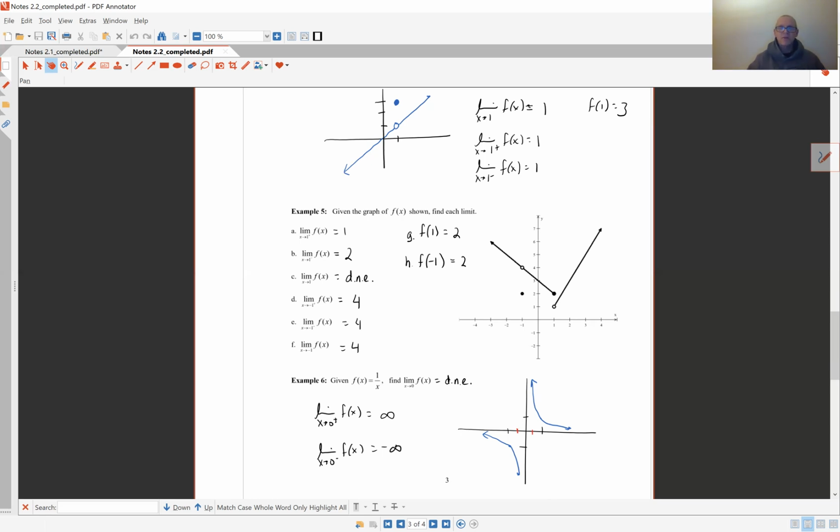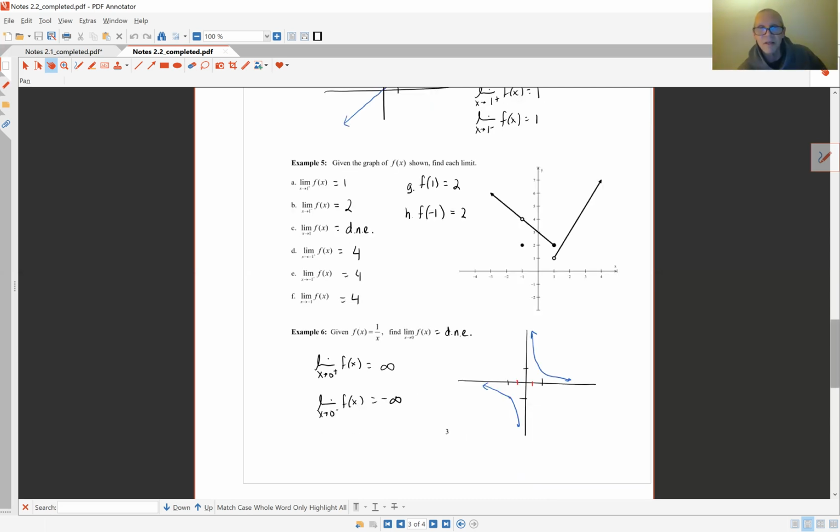And if you approach x from the left, values of x a little bit less than 1, like 0.99 or 0.99999, we see that f of x approaches 2. So the limit as x goes to 1 does not exist, because we get different values as we approach from the left and from the right. For the limit to exist, the limit coming from the right has to be equal to the limit coming from the left.